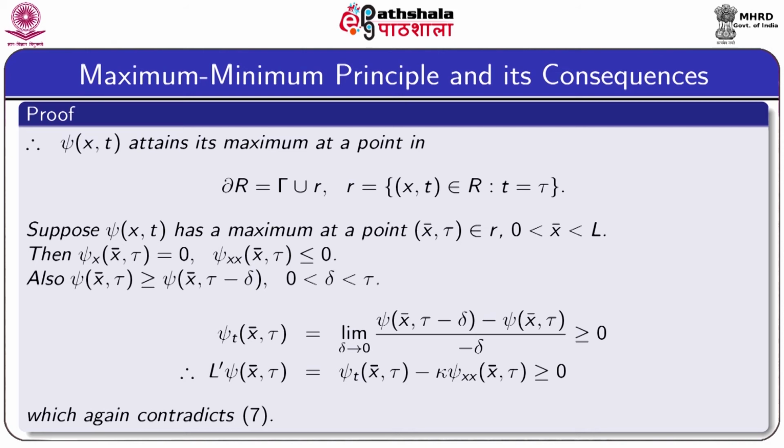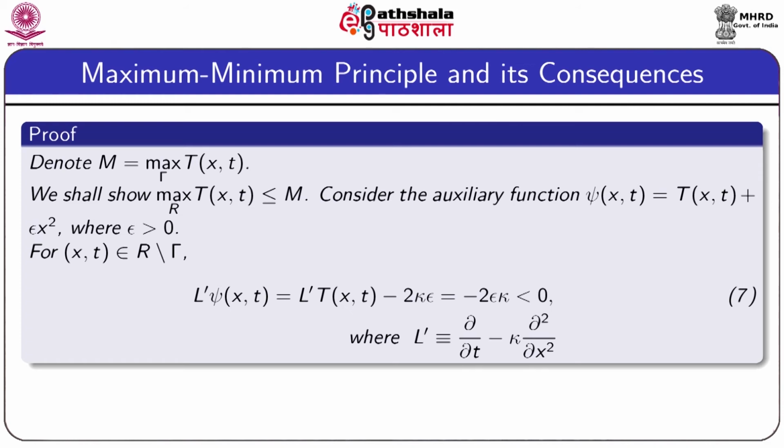Therefore, the value of this expression, that means L'ψ, becomes a non-negative number. That means this is greater than or equal to 0, which again contradicts the result written in equation 7.